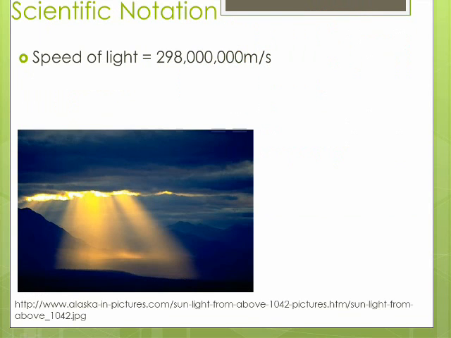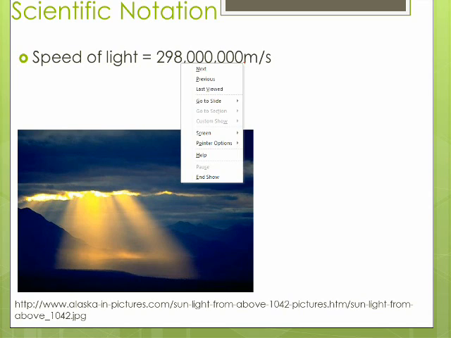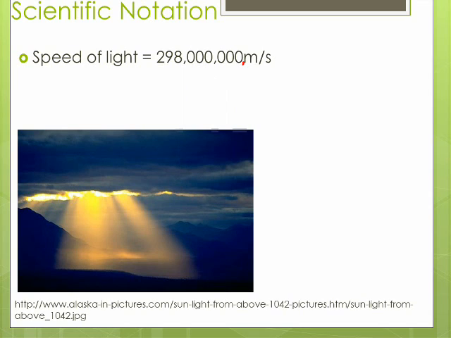The speed of light is 298 million meters per second. If I want to write that down in scientific notation, I'm going to assume there's a decimal point there, and that's where we start, and we're going to end up here after the first digit, and we're going to go 1, 2, 3, 4, 5, 6, 7, 8.